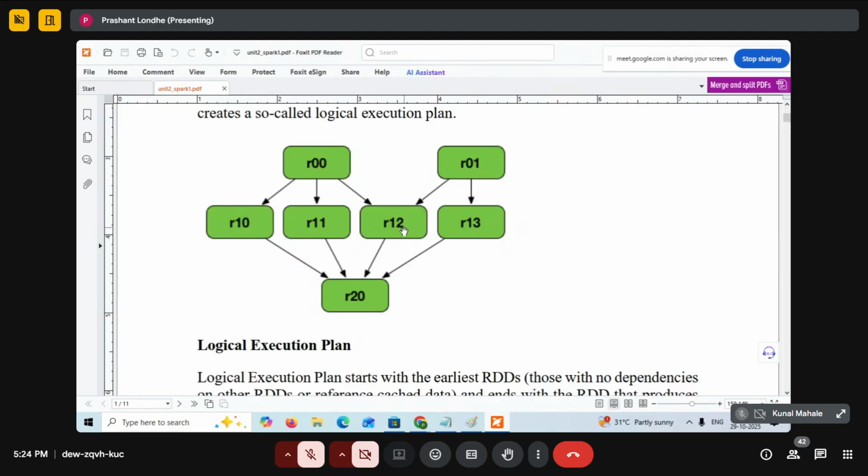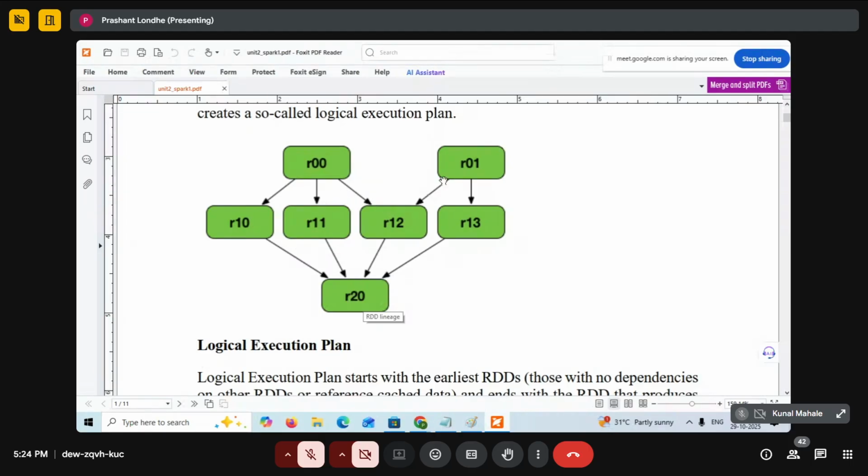So for R12, there are 2 parents, R00 and R01, because they are giving data from that particular element. Similarly, both are going to give birth to R20. R20 is also a union.